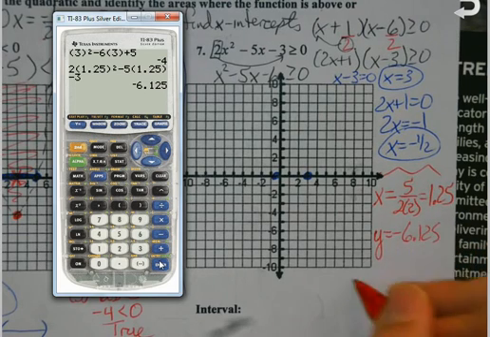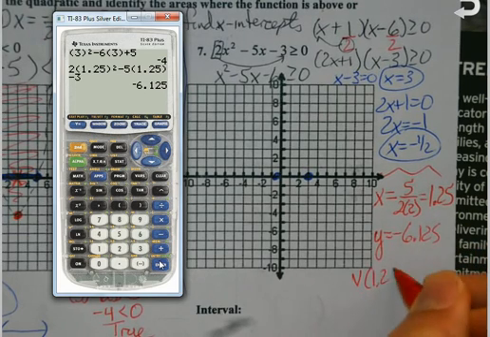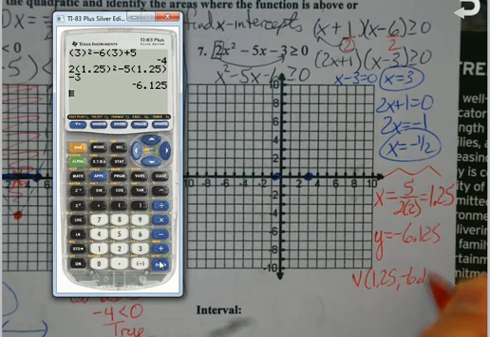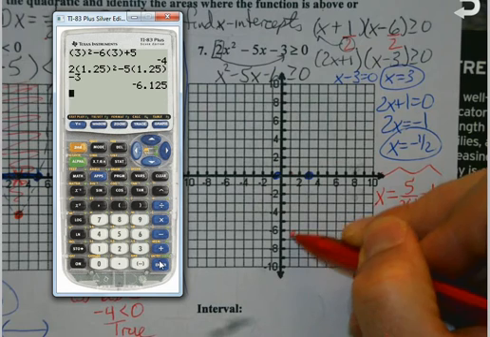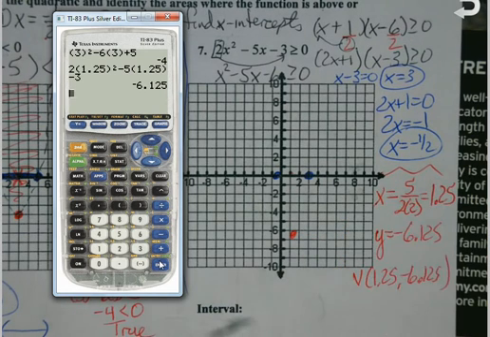Okay, so my vertex is at 1.25, -6.125. So you see how just trying to deal with the chart doesn't work every time, because I can't just approximate it and round it. That doesn't quite work. So I get my 3rd dot.